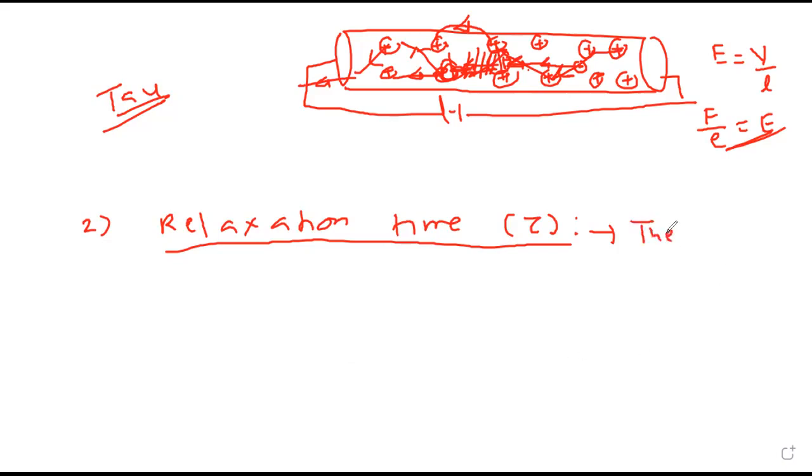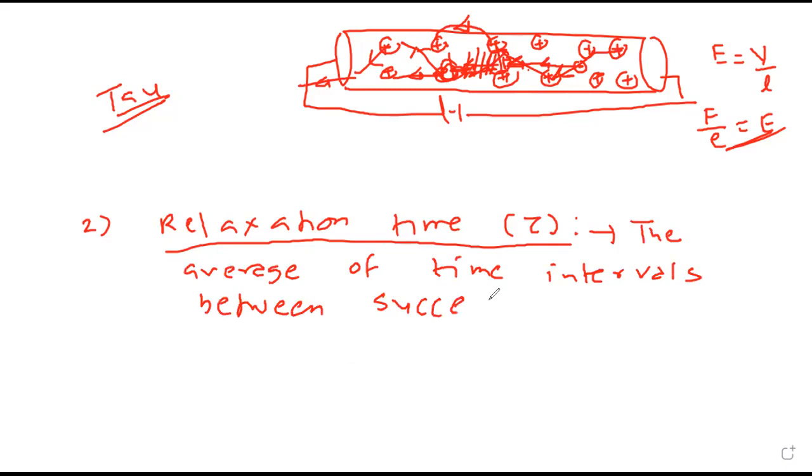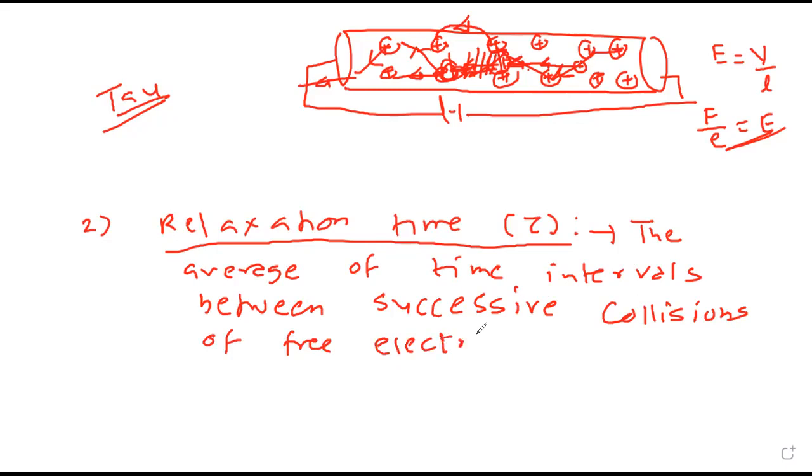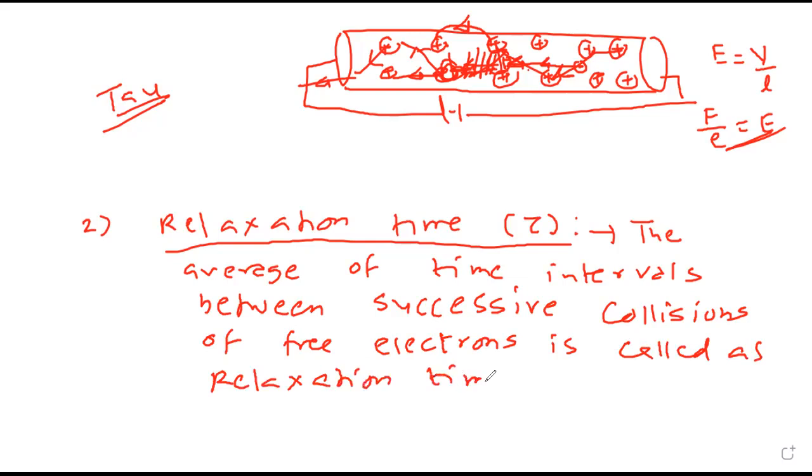So the average of time intervals between successive collisions of free electrons is called relaxation time.